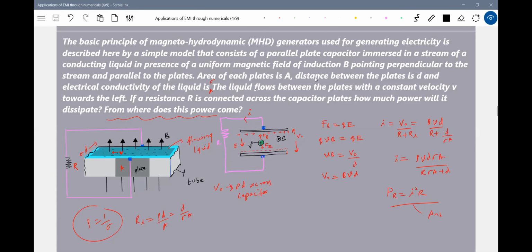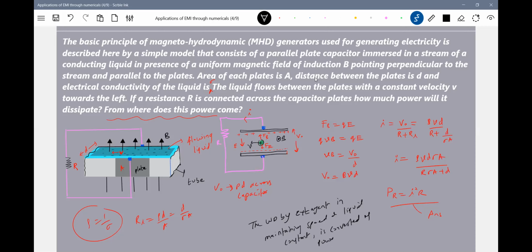Okay, I think just squaring it, nothing more to do. Just square it, this one. So what is the reason I should give? The work done by the external agent in maintaining the speed of the liquid constant is converted as the rate of work done.